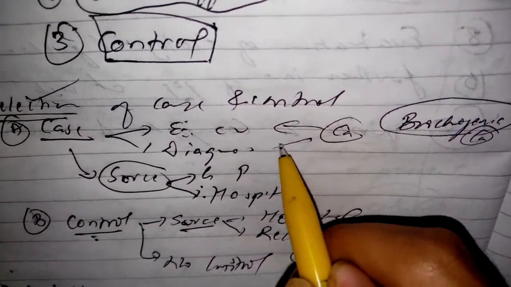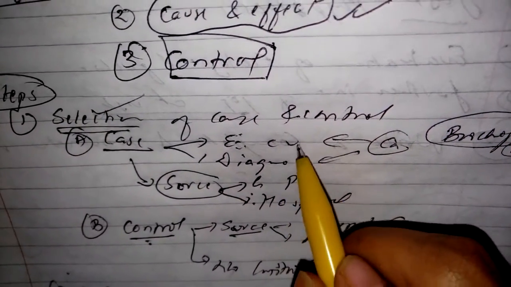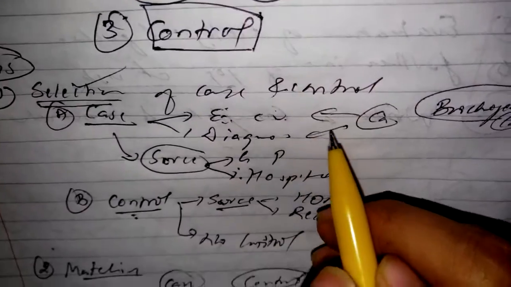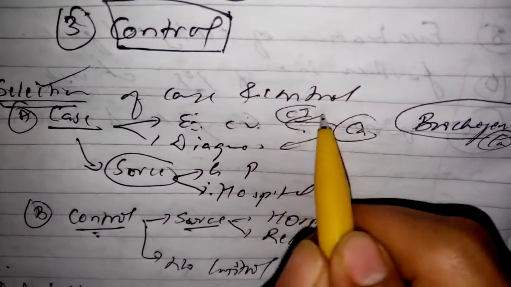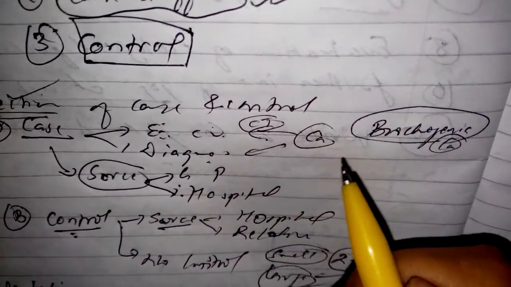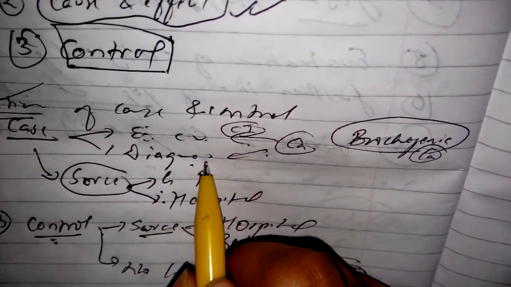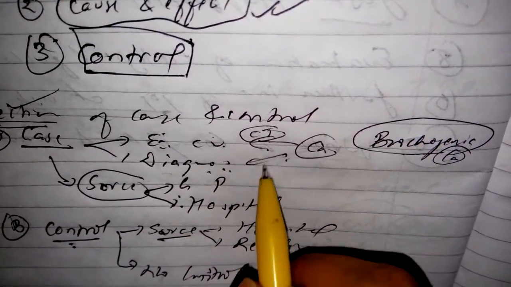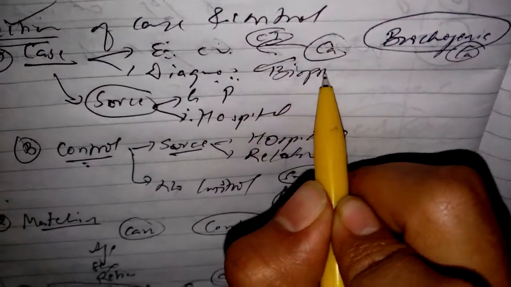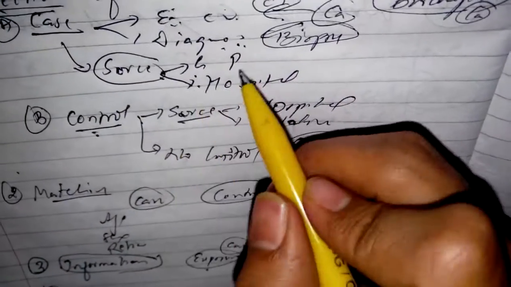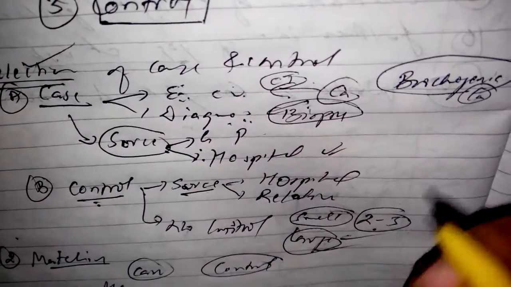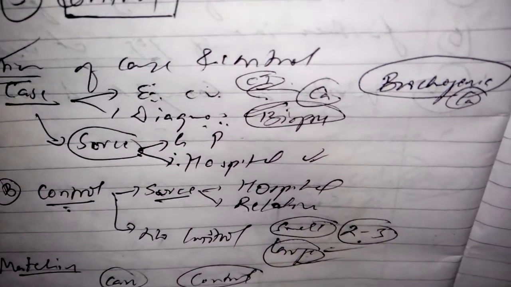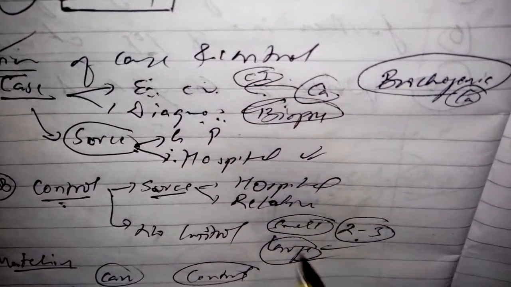The cases should have had a CT scan. The diagnostic criterion must be diagnosis by biopsy. The source can be hospital based, as we get a large number of bronchogenic carcinoma cases in cancer hospitals.